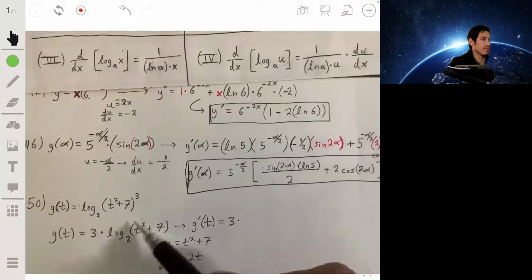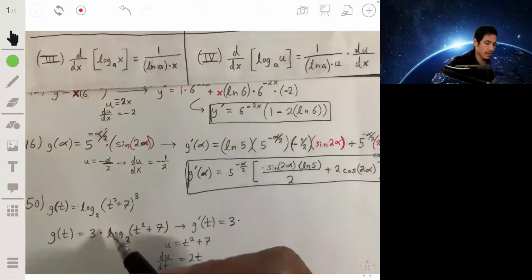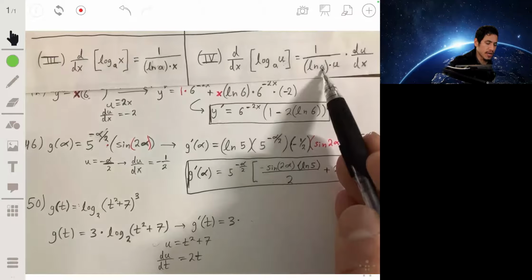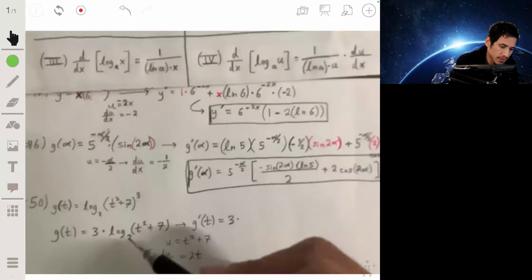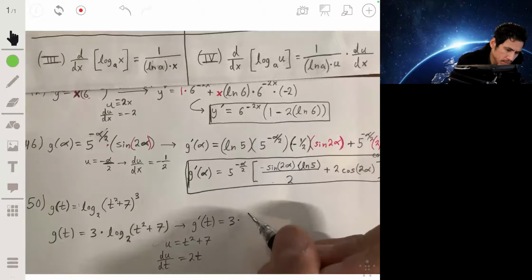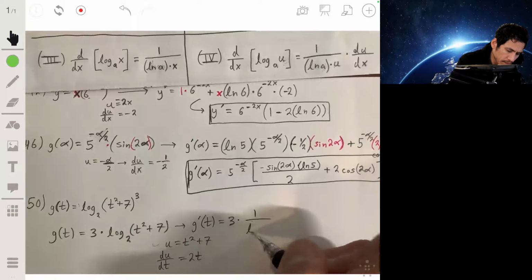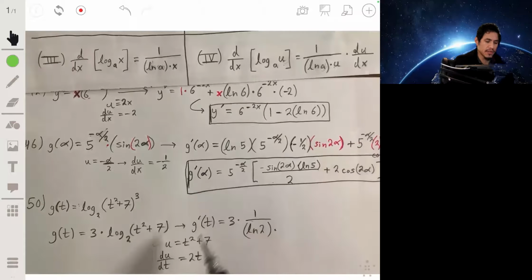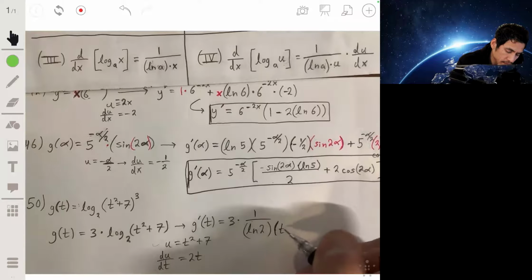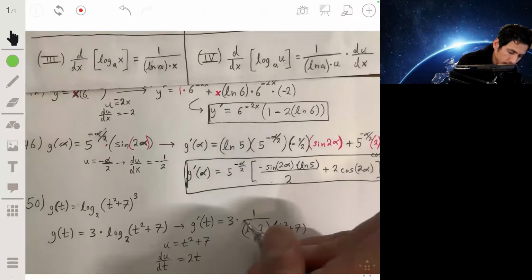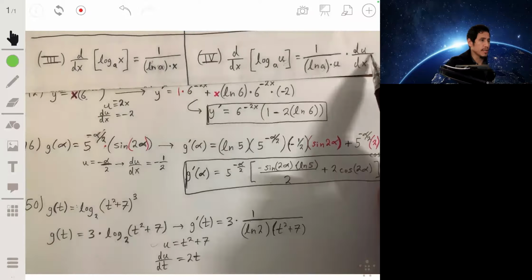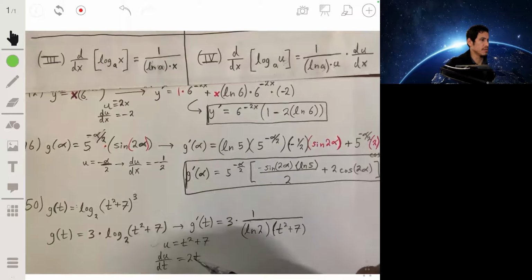And so to take the derivative of this expression, we're going to have 1 over the natural log of 2 times the u in the denominator, so times t squared plus 7, times du dx, and our du dx would be just 2t on top.